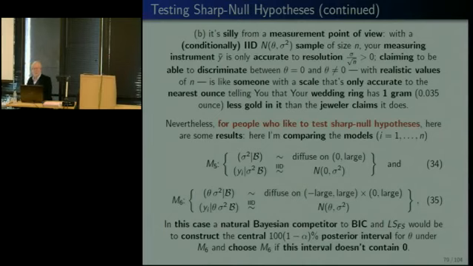Claiming to be able to discriminate between theta equals 0 and theta not equal to 0 with realistic values of n, when sigma over the square root of n is quite large, is like someone with a scale that's only accurate to the nearest ounce telling you that your wedding ring has 1 gram less gold in it than the jeweler claims. You just can't come up with that level of discrimination.